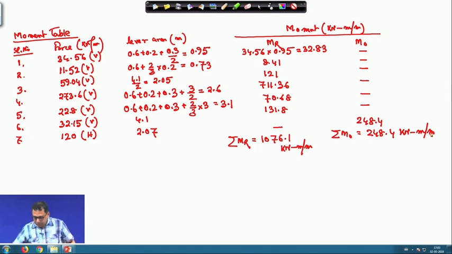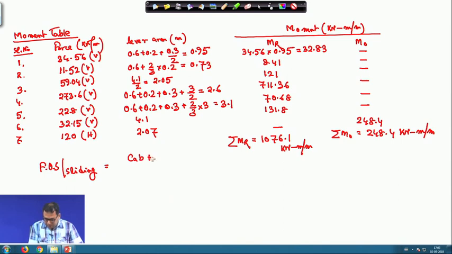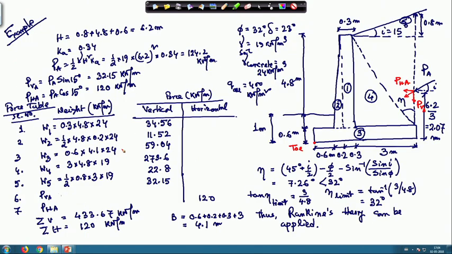So, now I will calculate the factor of safety first for sliding. As I mentioned, this is C A into B dash plus summation of vertical forces into tan delta divided by the summation of all horizontal forces. As the cohesion value is 0, there will be no addition part. So, this part will be 0.